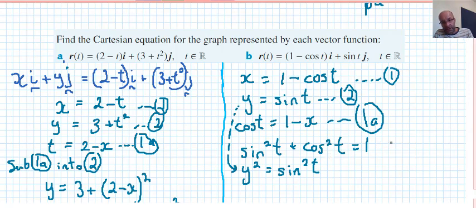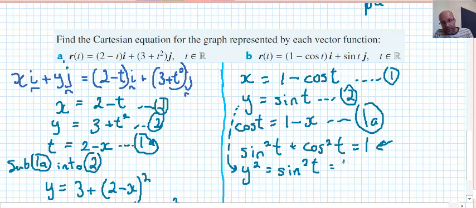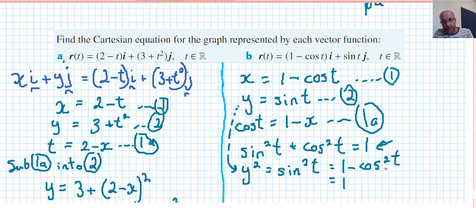Using the identity, sine squared t equals 1 minus cos squared t. Now subbing in the result for cos t, that would be 1 minus x all squared.